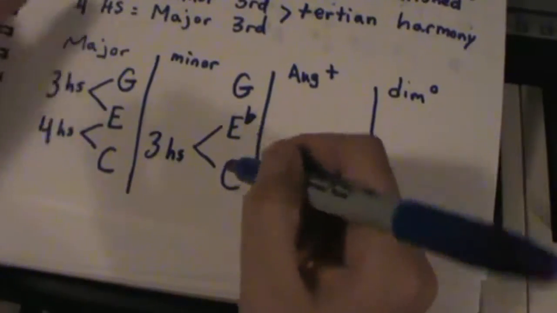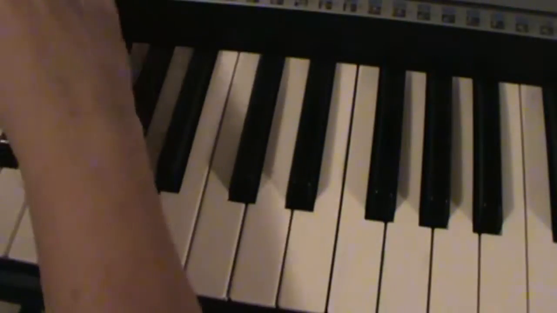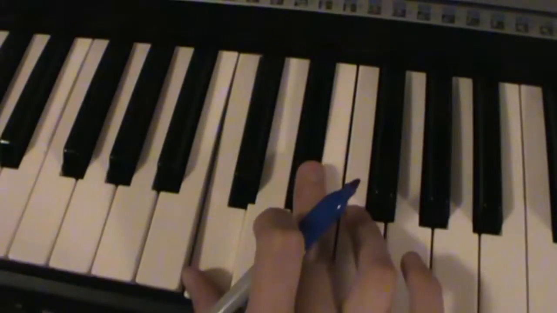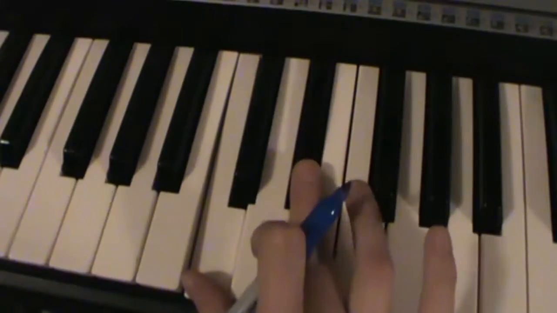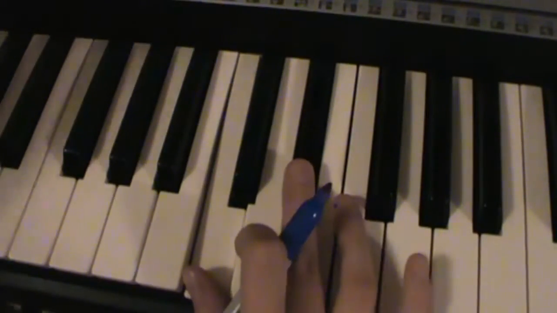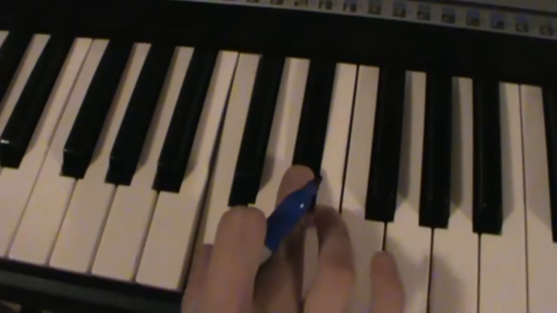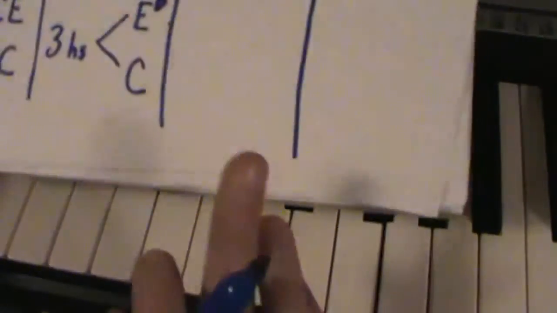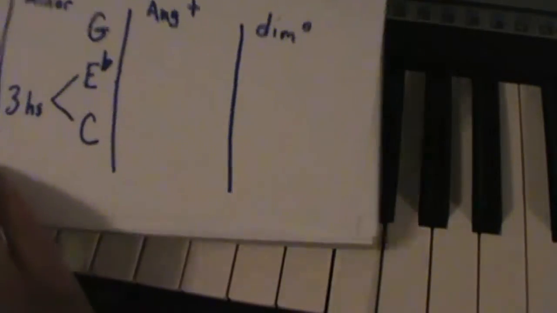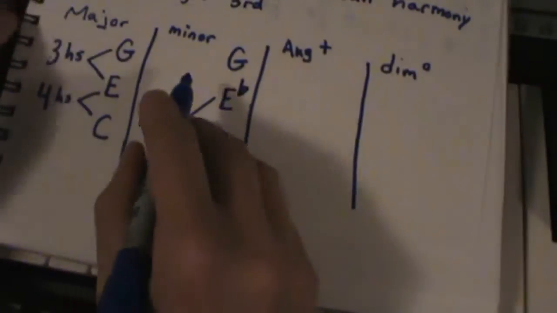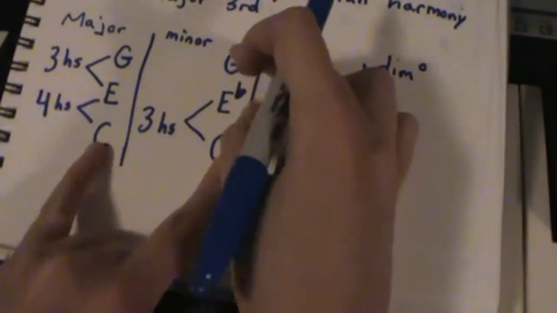So C to E flat, 1, 2, 3, 3 half steps, and then E flat to G is now going to be 4 half steps because you lost a half step here, so it has to go somewhere because this distance is the same.